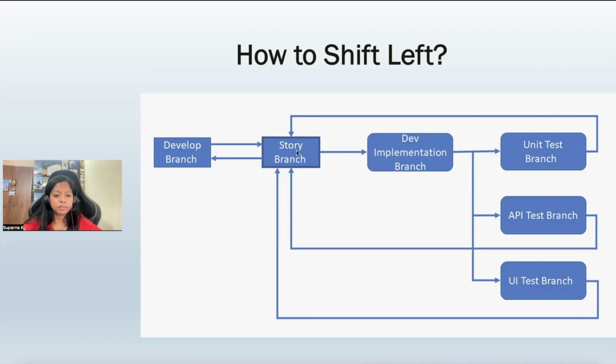If you look at the diagram here, we see that there is a develop branch in general. And if the developer has to start picking up a story, he will start creating a feature branch from the develop branch. The developer implements the feature. But after the implementation, he doesn't merge it.